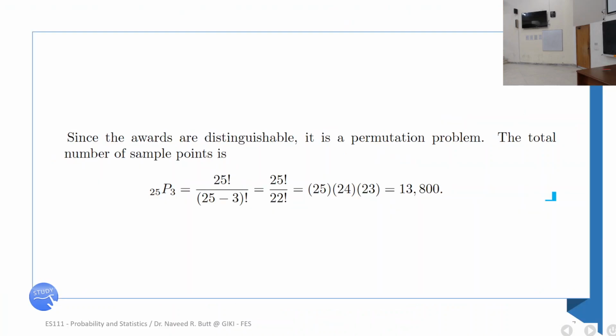So total population 25, 25 students. You have to choose 3 in a way that repetition is not allowed and order matters. Yes. So this is a problem of permutation. Just remember the factorials, it also works on a calculator.